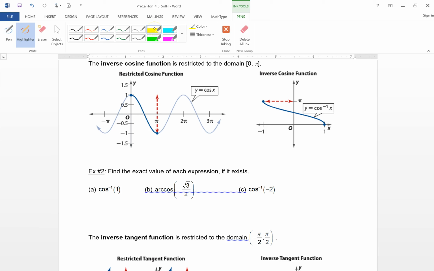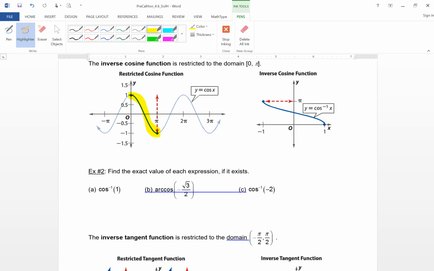All right. So for the cosine, we do the same thing. The normal cosine function has no way of passing the horizontal line test, but if I restrict this, again, just a loophole, right? If I restrict this between 0 and pi this time, why that and not something else? That's how our ancestors thought it should be, all right? The math ancestors. So this is it.